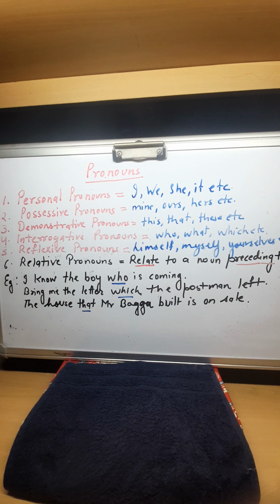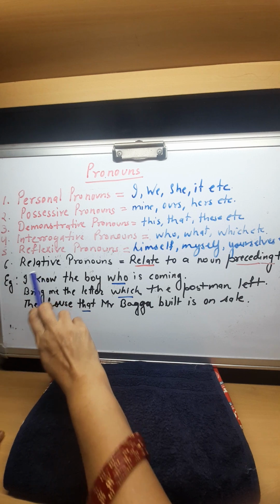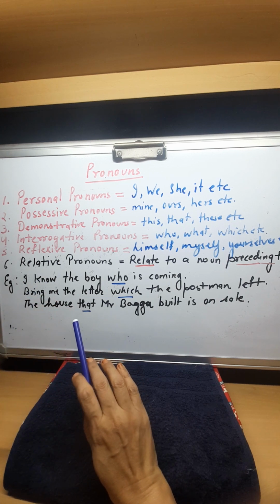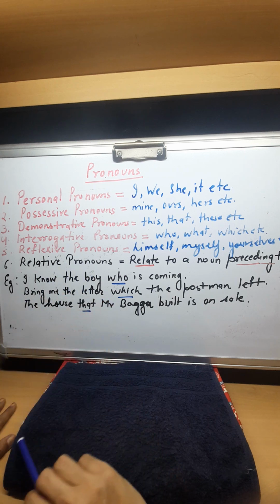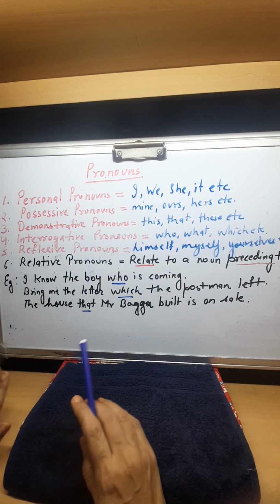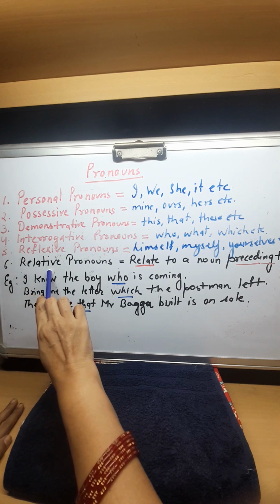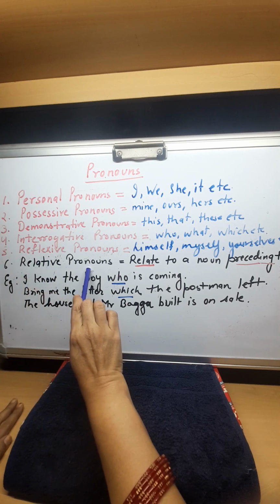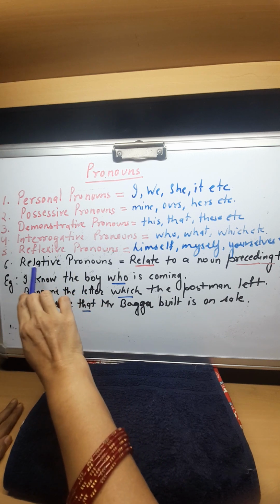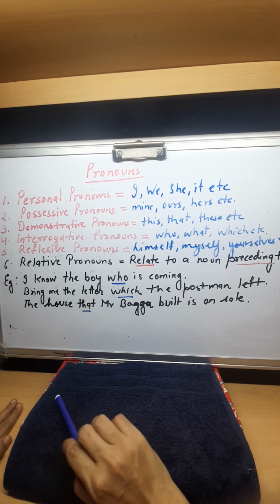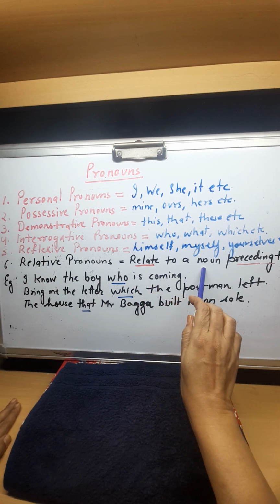You may revise that. But today's class is for the new type of pronoun which we have not studied till now. This is called relative pronoun. What is a relative pronoun? Relative means relation. A pronoun that shows us relation, that is called a relative pronoun. What is the definition? It relates to a noun.